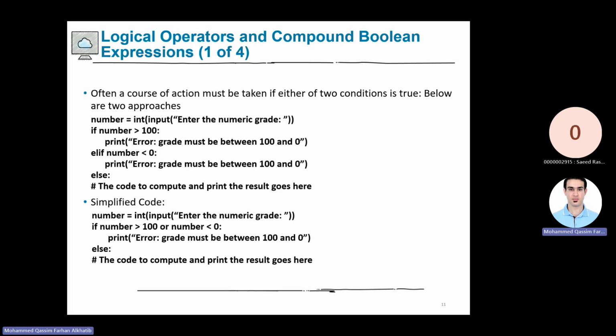Because if the first condition, if mark is larger than 90, print A. If 150 is larger than 90, it printed A. The condition is fine. But in real life, is it correct? No. What's the usual range for a mark? 0 to 100. Your maximum is 100 and your minimum is 0.